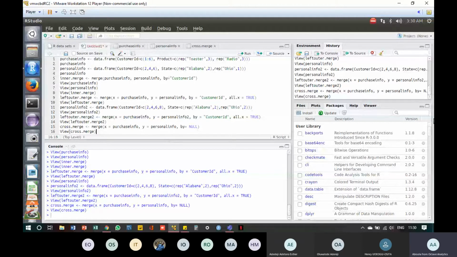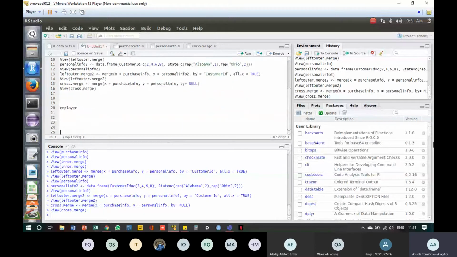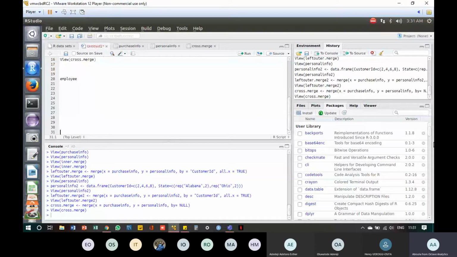So let's create a data frame called employee data. I'm going to leave some space. Employee data is data.frame.